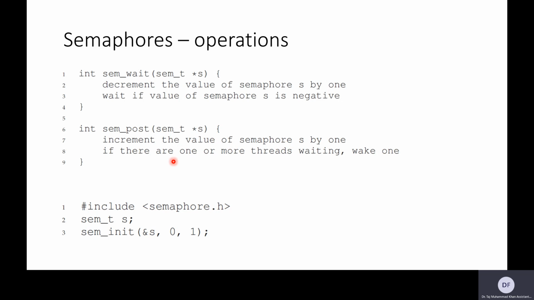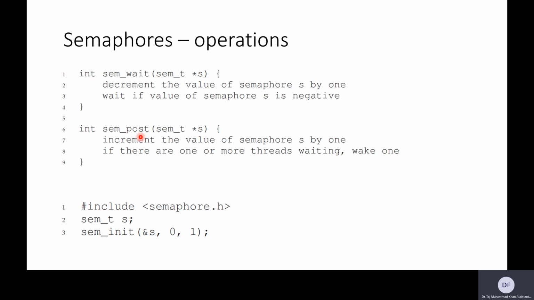Okay. And then the sem_post function will see if there are any threads waiting for this semaphore. Yes, there is the second thread which had blocked while calling sem_wait. So the sem_post function of the first thread will wake that second thread and return.